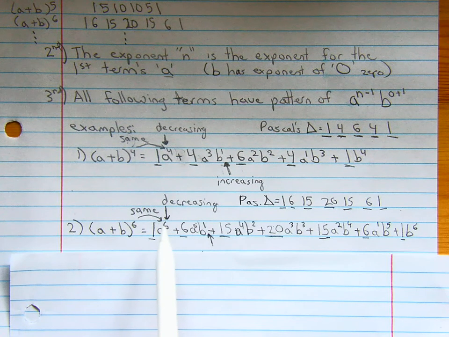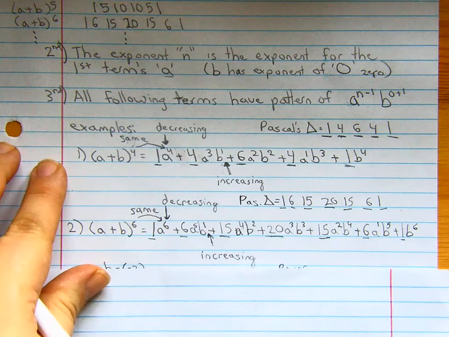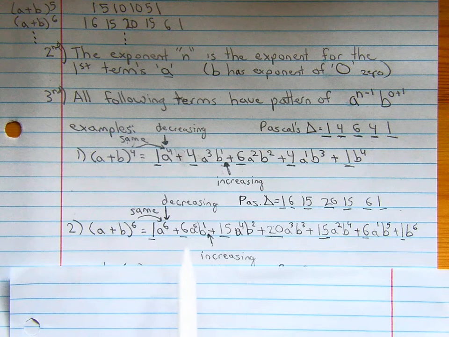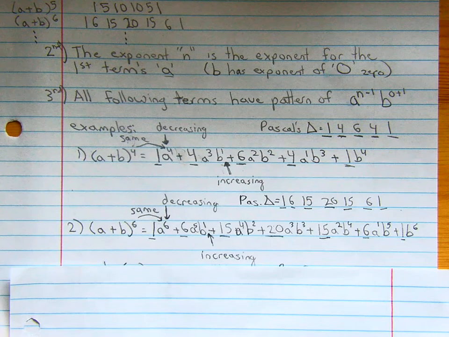It's going to be decreasing, so it goes from a^6 to a^5 to a^4, 3, 2, and 1. And my b is going to increase from 0, 1, 2, 3, 4, 5, and 6. And you're done. That's what it would be if you expanded it out and multiplied these values to themselves 6 times.